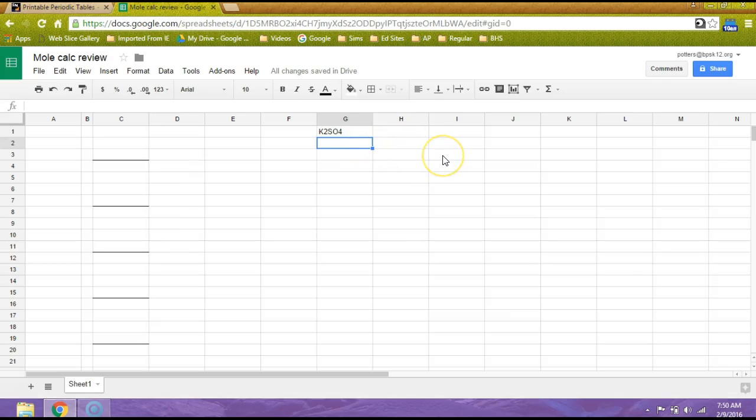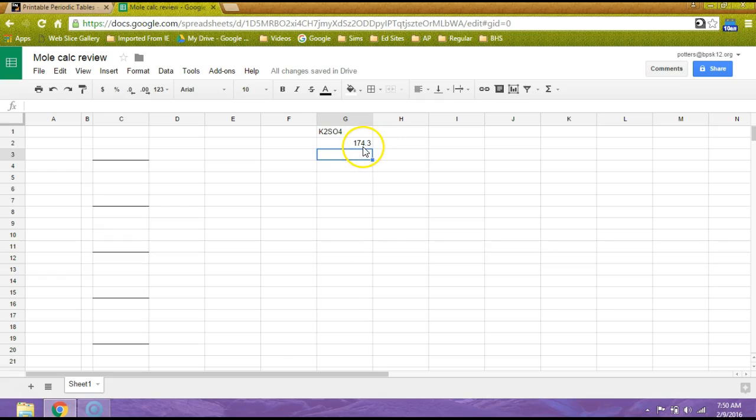So if we come back here, this molar mass is going to be potassium, 39.1 times 2, plus sulfur 32.1, plus oxygen 16.0 times 4, and that all adds up to 174.3.